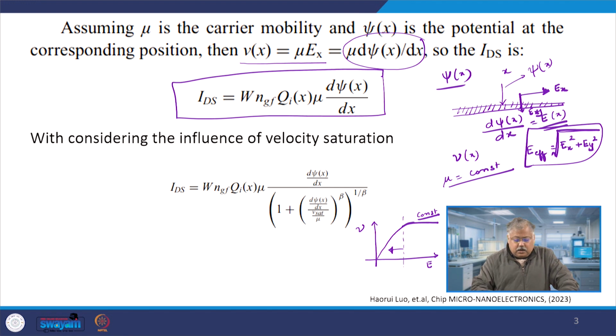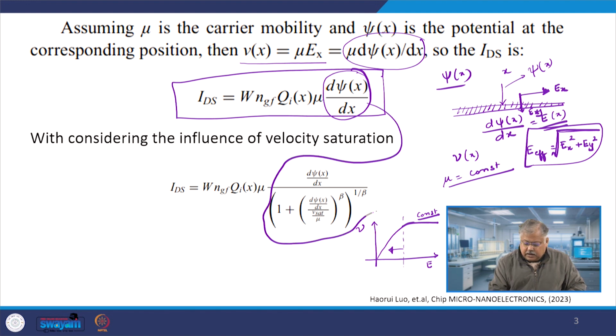Keeping that in mind, what people have shown through a large number of research papers is that this quantity d psi x dx, which is the electric field, can be written in this manner. If you look at the top, it is d psi x dx, which is still the same. However, if you look at the bottom side, you have a quantity known as Vsat and mobility. Vsat is the saturation velocity of the charge carriers, and mu is the low field mobility of the charge carriers, and it depends upon a factor beta.